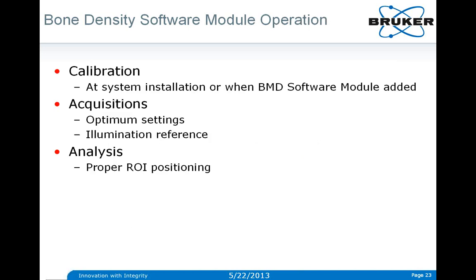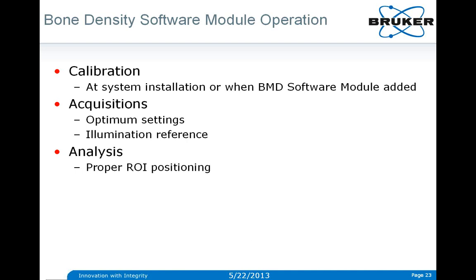Finally, we'll review the bone density software module operation, looking simply at in-sequence calibration, as well as some recommendations for our acquisitions and our analysis. Calibration will typically be done by a Bruker representative if you ordered the bone density software module when you purchased the imaging system.